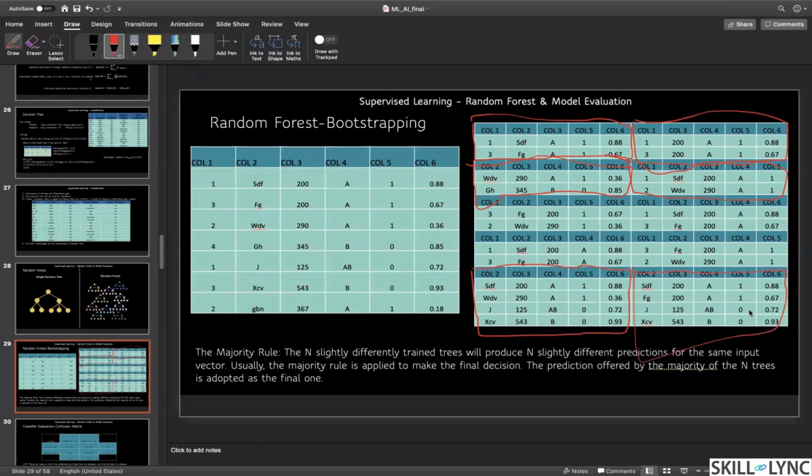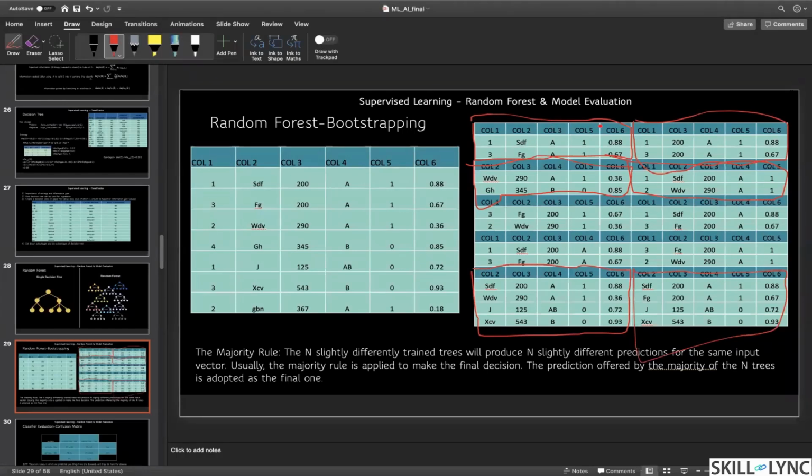If you notice, guys, in my first data set I've taken some random samples with only 2 records and 5 columns, any random selection of 5 columns. I've not taken column 4 here.